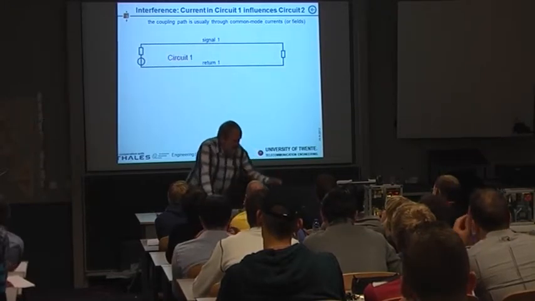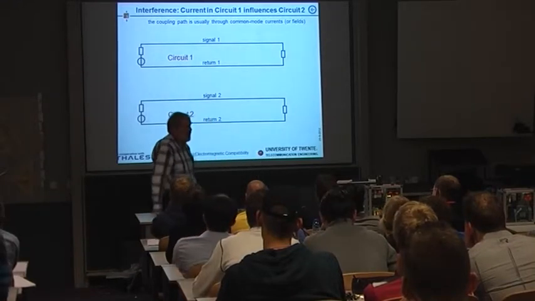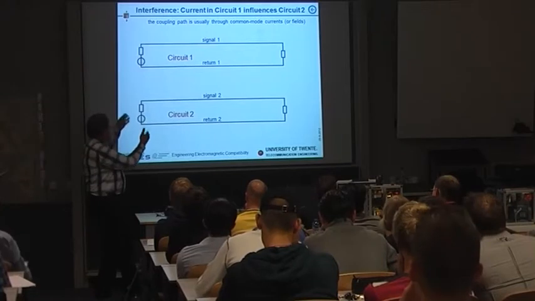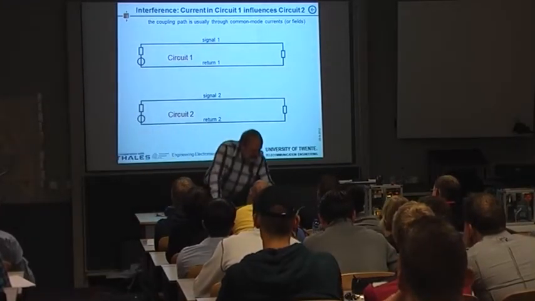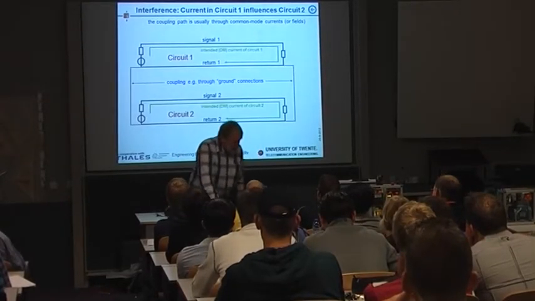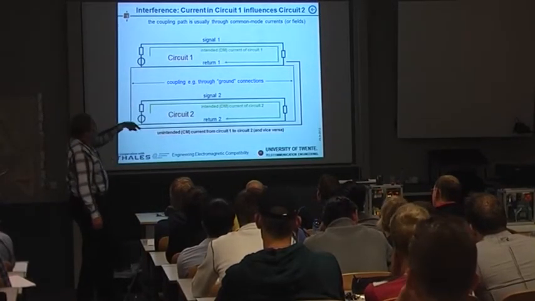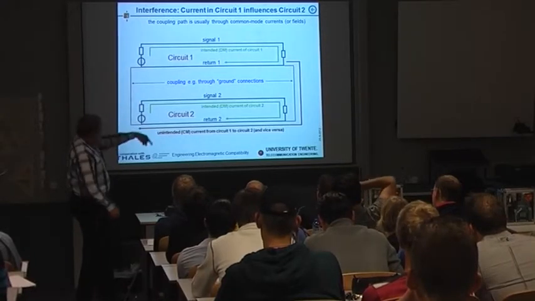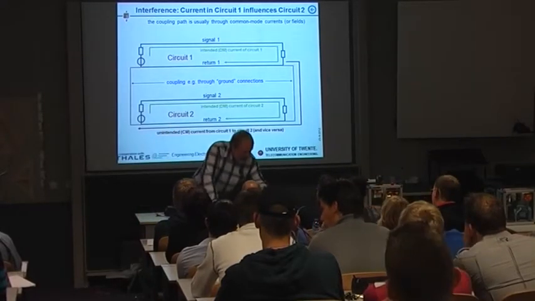Okay, now interference. Circuit 1, cable 1, circuit 2, cable 2, and somehow what circuit 1 produces gets into circuit 2. That can be done in different ways. It could be that there's a connection to ground or so, and that some of the current really flows on the grounding cable to the other circuit, and then flows through the other circuit and creates some voltages there.